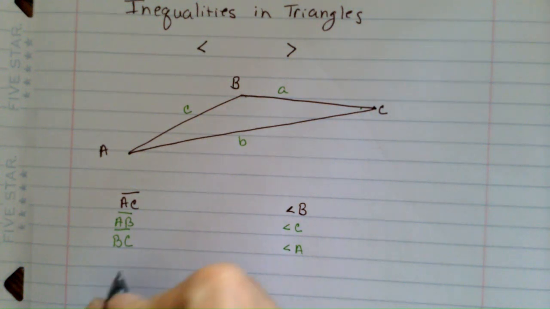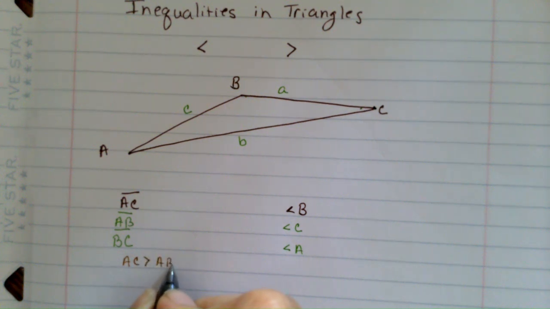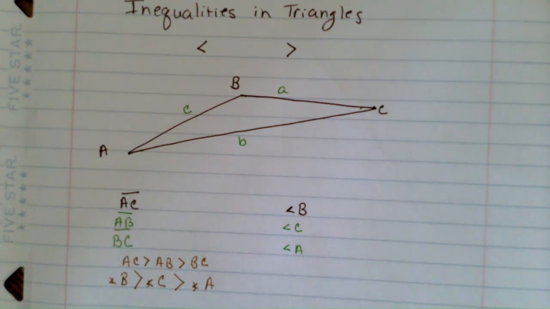So if segment AC is greater than AB, which is greater than BC, then angle B has to be greater than angle C, which has to be greater than angle A. And that's why I start putting the marks through my angles. That way I know the difference between an angle symbol and a greater than, less than symbol.